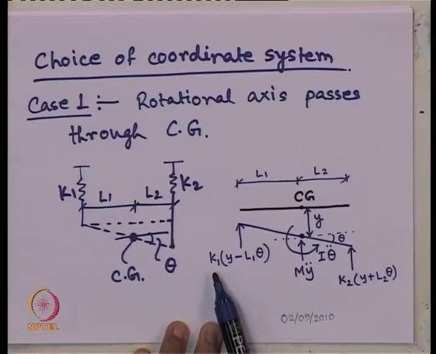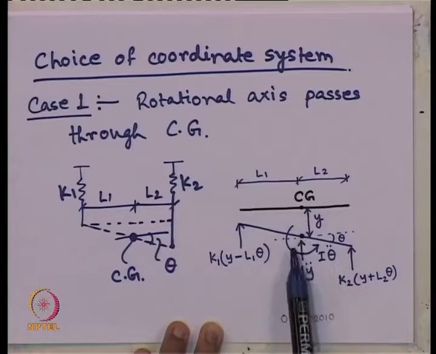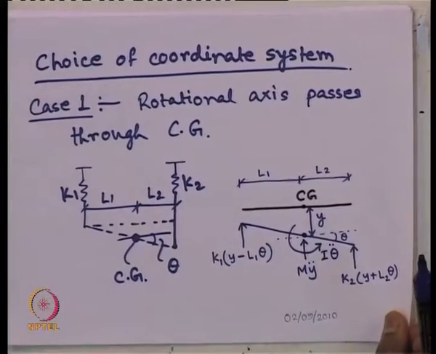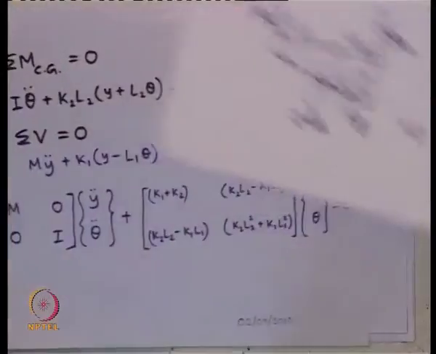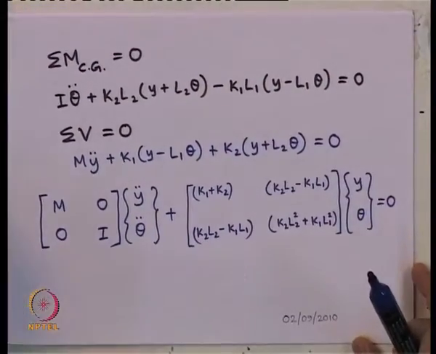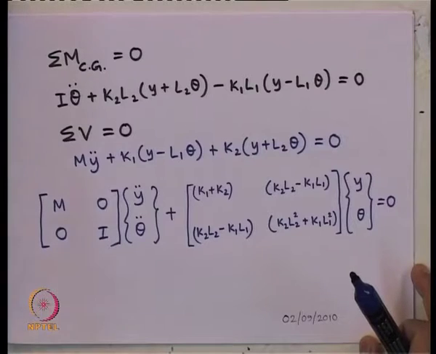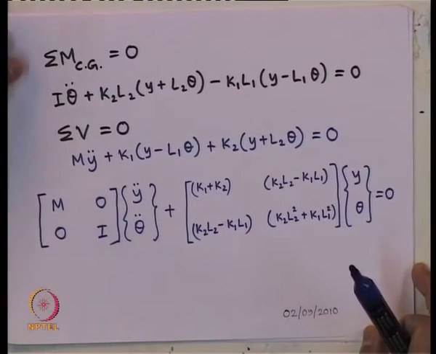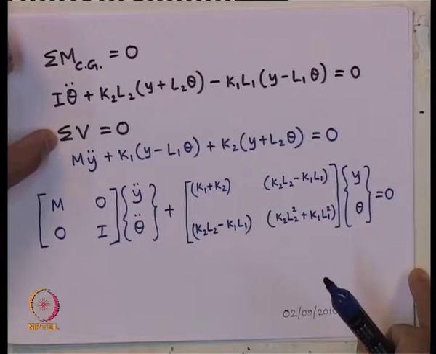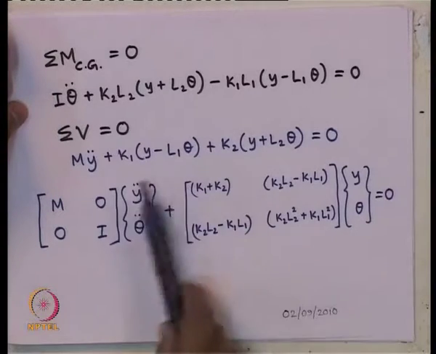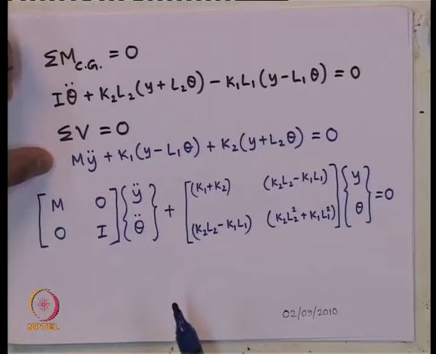So, this magnitude will be K1 times y minus L1 times theta, from which we had seen that by considering 2 equilibrium conditions, that is nothing but applying D'Alembert's principle for moment equilibrium about the CG and the vertical force equilibrium for all the vertical forces, we can write these 2 equations, which we can represent in matrix format in this way.